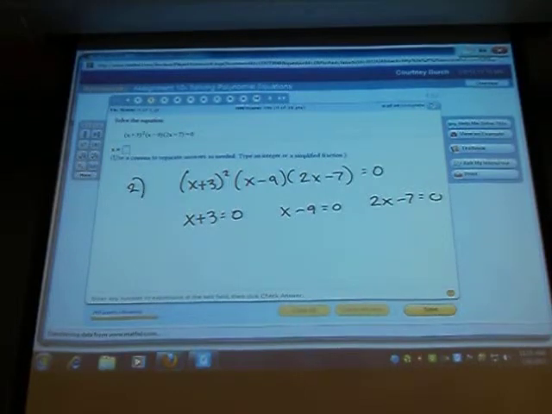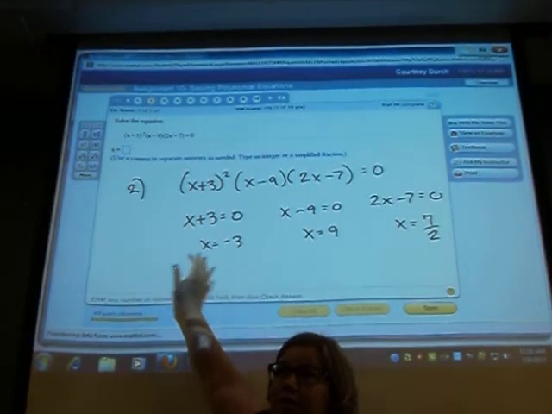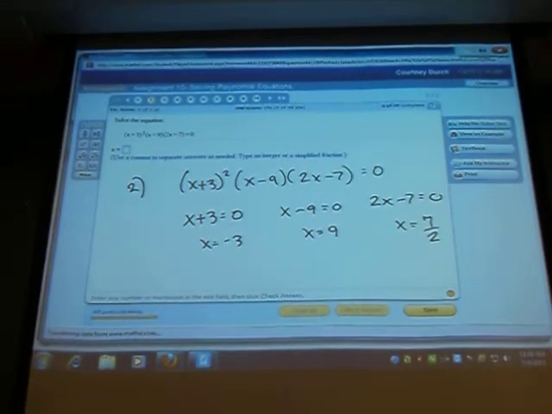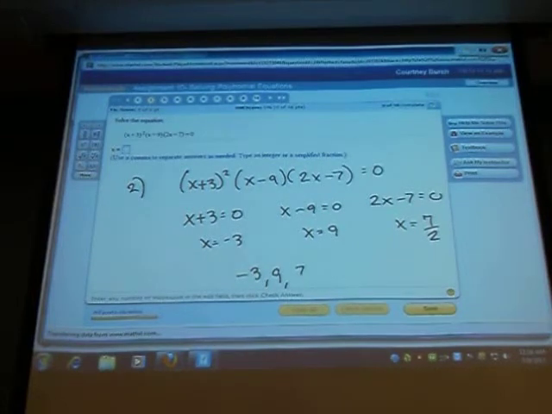I'd have -3, 9, and for the last one I would need to add 7 and divide by 2, which gives me 7/2. All I was trying to say is that since the x plus 3 is squared, you only want to list that answer once. So I would list my answers as -3, 9, 7/2.